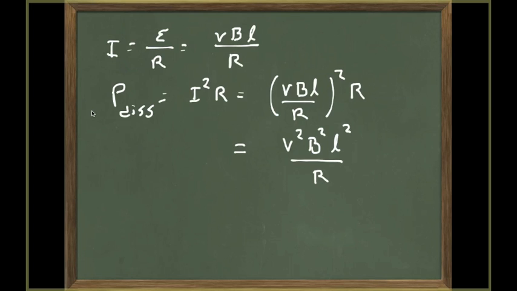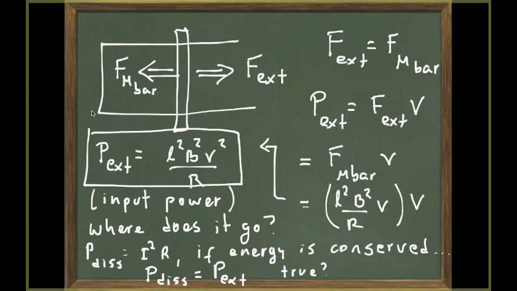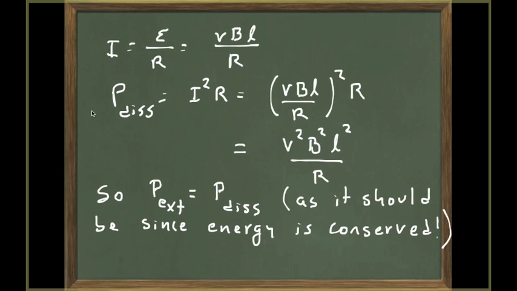If I multiply by R, which is what I need to get power, you get exactly the power put in by the hand pulling on the bar, L squared V squared B squared divided by R. You have it here. Okay? So that's just another way to check that energy is conserved, of course, as you would expect.